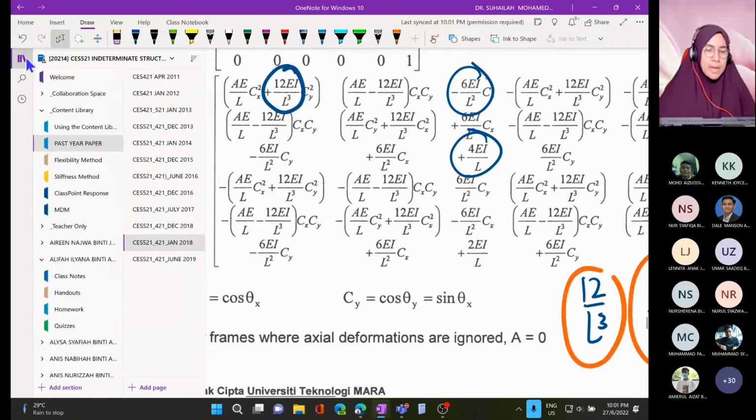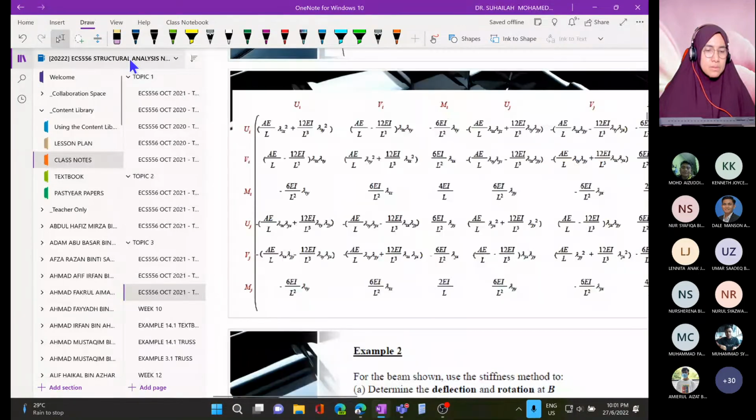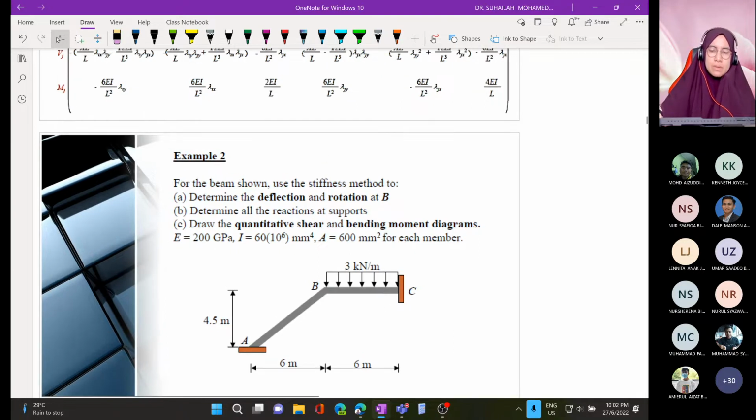Okay, so going back to this: determine deflection and rotation.